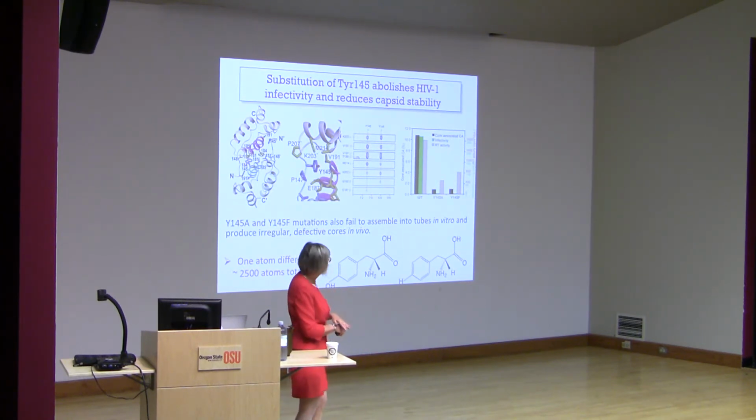And for those of you who are not chemists and you don't know the difference between a phenylalanine and a tyrosine, it's a single atom. It's missing that oxygen. So one atom difference in 2,500 atoms makes the virus dead. So small differences can be really, really important.